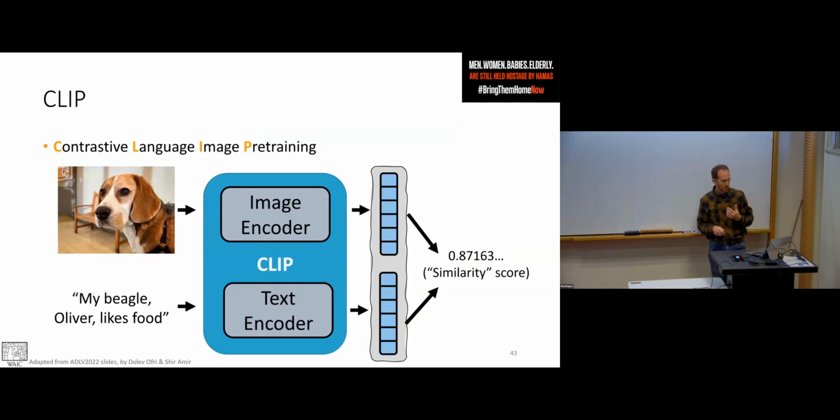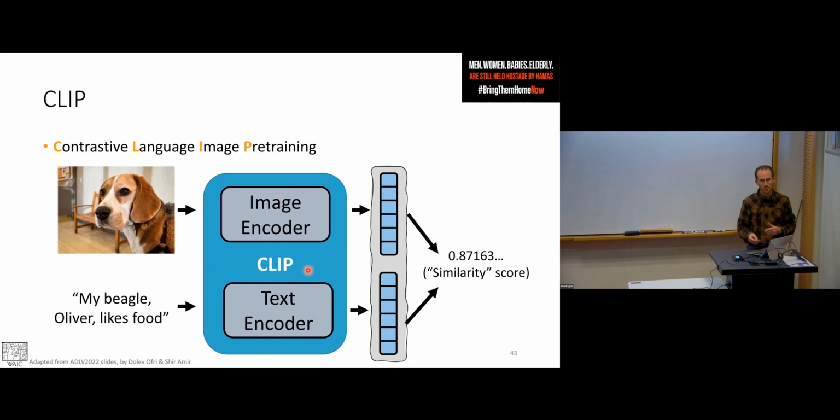So we're going to have a data set that has both images and text, but this time it's not just a single word label, but free text that is associated with the image. For instance, my beagle Oliver likes food. This is the kind of text you have with this image, and we're going to train a model that will have two encoders. We're going to have an image encoder, like a transformer or ResNet.